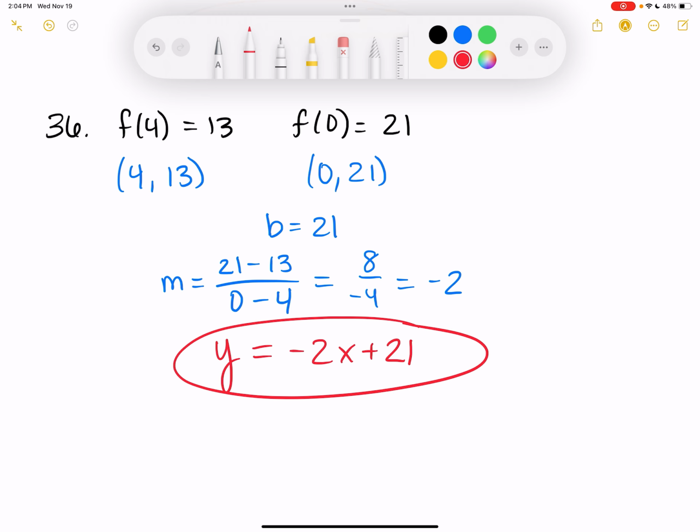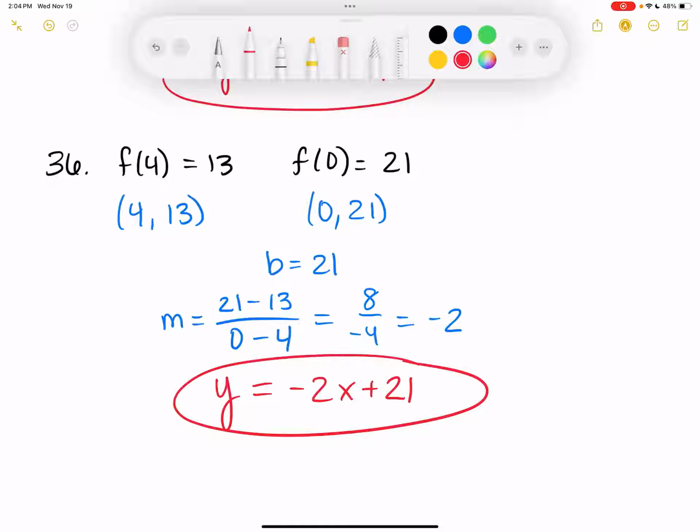I think I got it. I think your slope is wrong. Okay, what'd we get? y equals negative 2x plus 21. What'd you get?